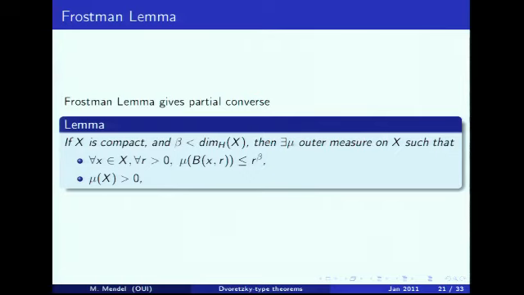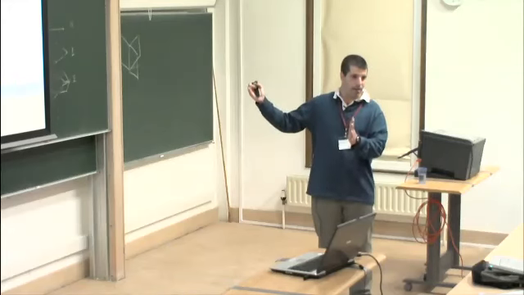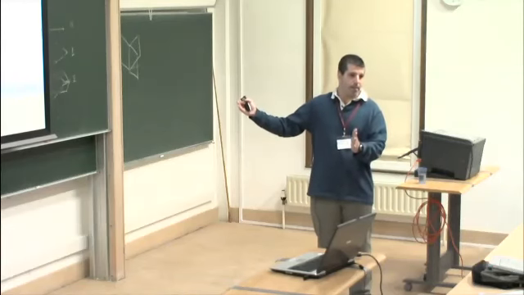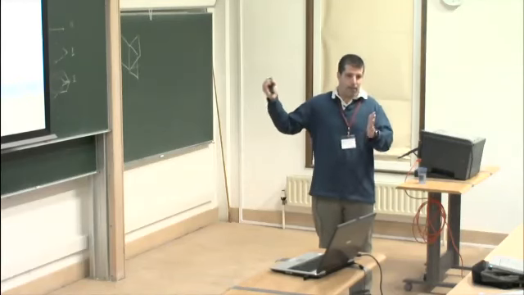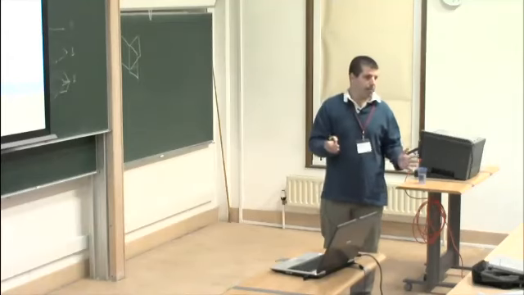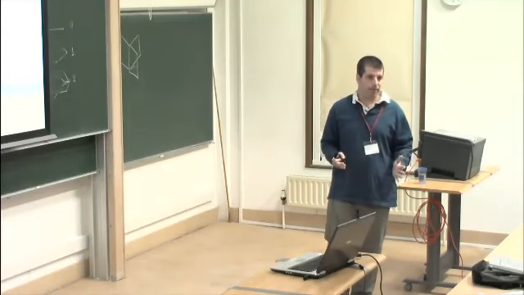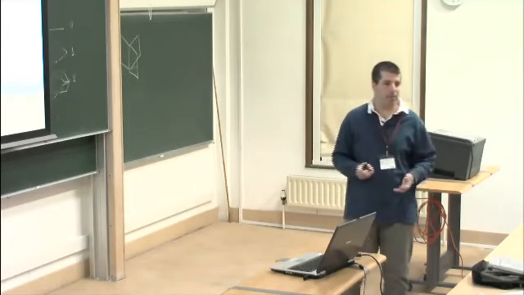I mean, the measure of the balls is at most r to the beta, and the measure of the whole metric space is positive. So now we can start with the metric space X, find, using Frostman's lemma, a measure on X.